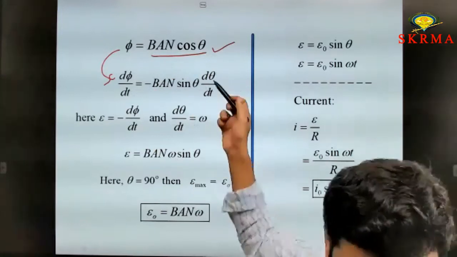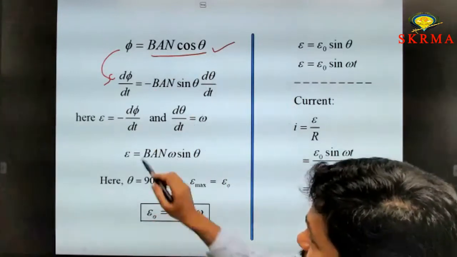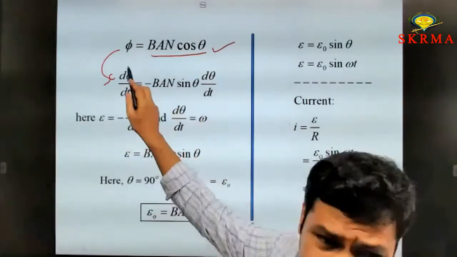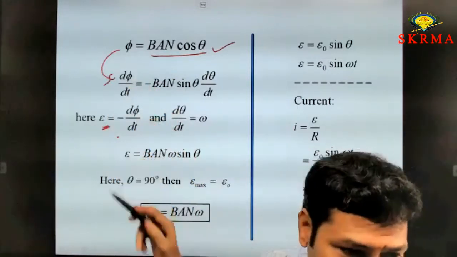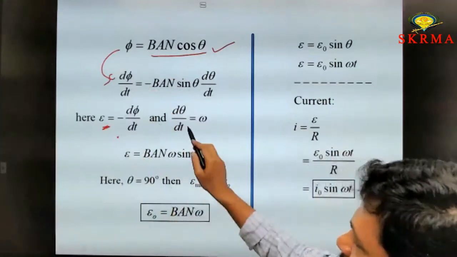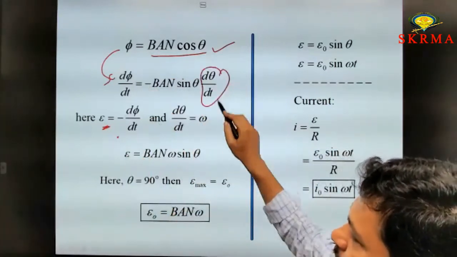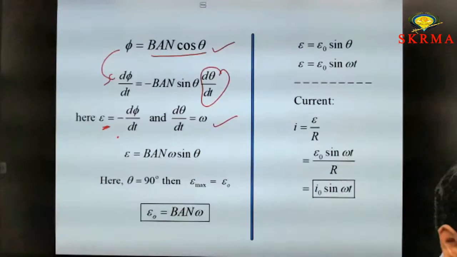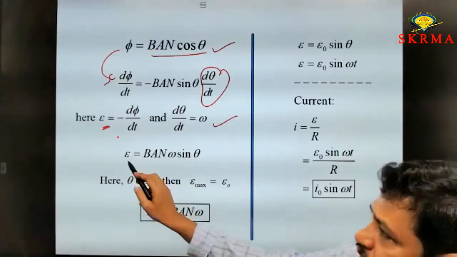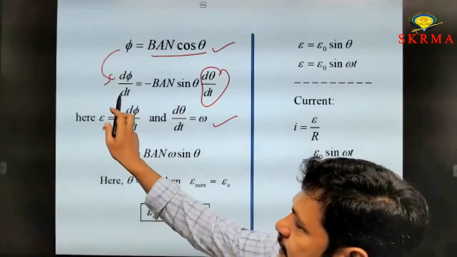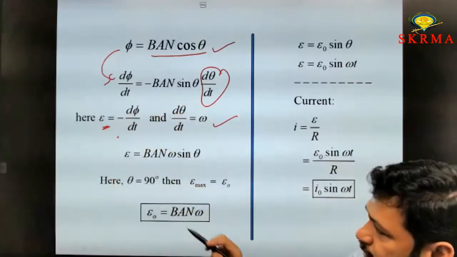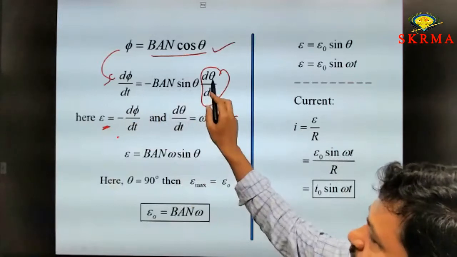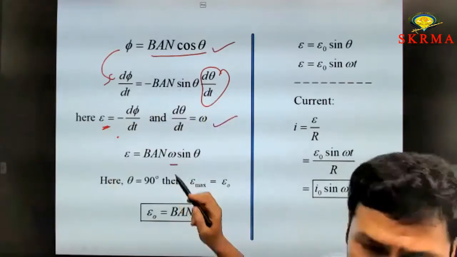On the left-hand side, d phi by dt represents the electromotive force E according to Faraday's law, and d theta by dt represents the angular speed of the coil. That's why this equation can be written as E equals BAN sin theta, with omega instead of d theta by dt.